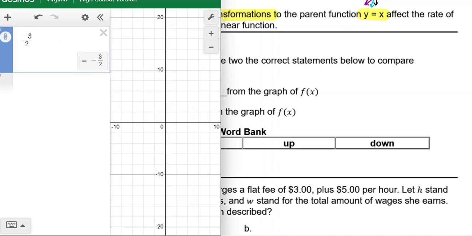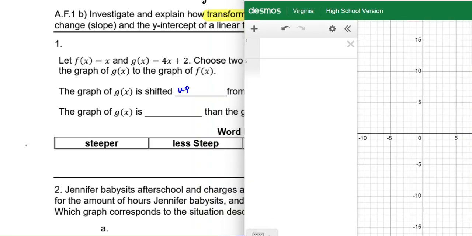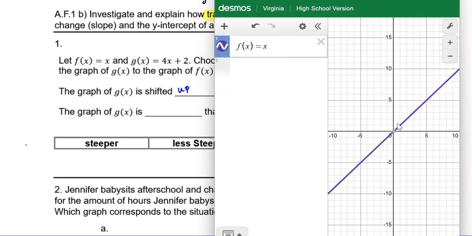So when we're graphing this, I want to go ahead and look at both the parent function and the function. So you have f of x equals x. So there is the graph of the parent function right there. Oh, where's my mouse? Okay. Notice it's going right through the middle, and then it's going just straight up right there.